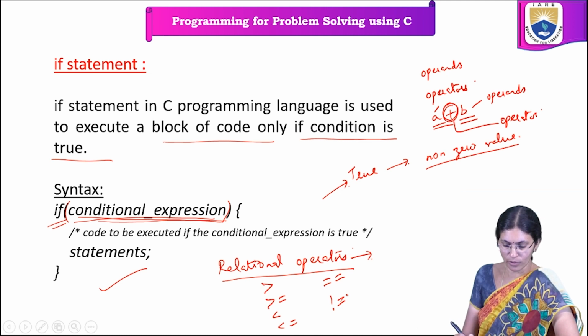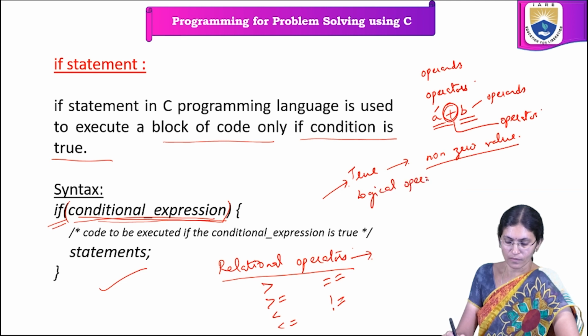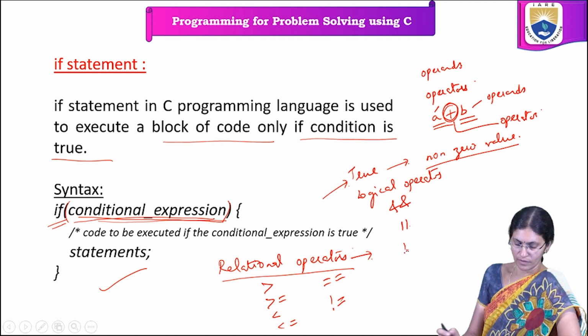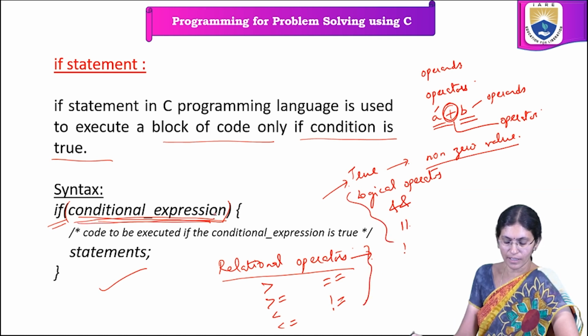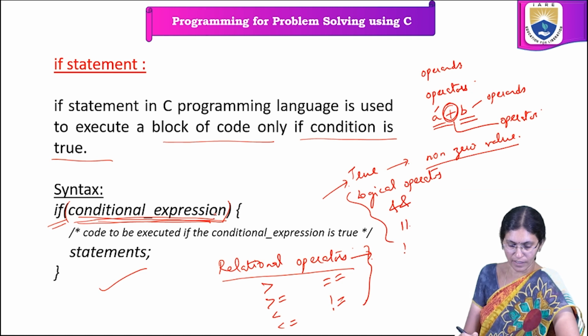Apart from this, we can also use logical operators: and, or, not. These are the different operators we can make use of in a conditional expression along with the variables.